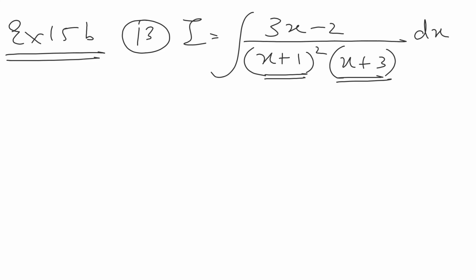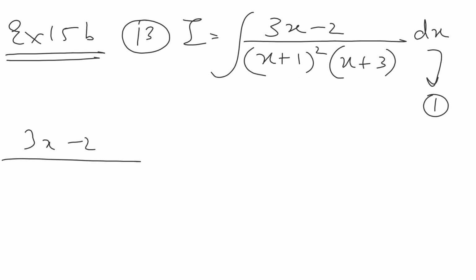So this is the third category. But while solving partial fractions, always remember that the degree of the numerator should be less than the degree of the denominator, and only then figure out whether it is type 1, type 2, or type 3. Okay. So let this be equation number 1.